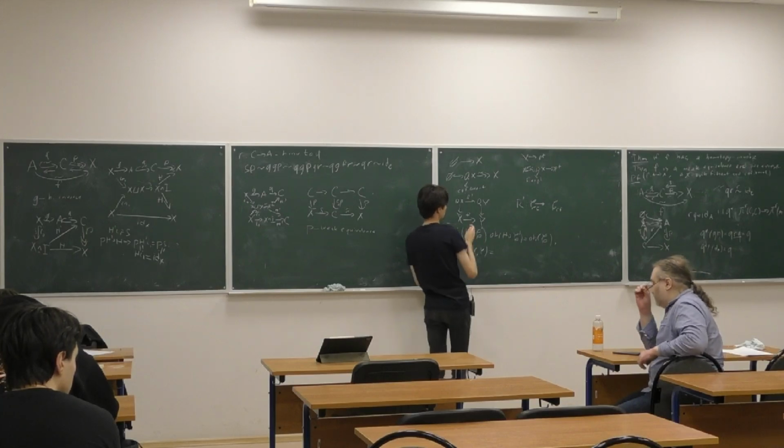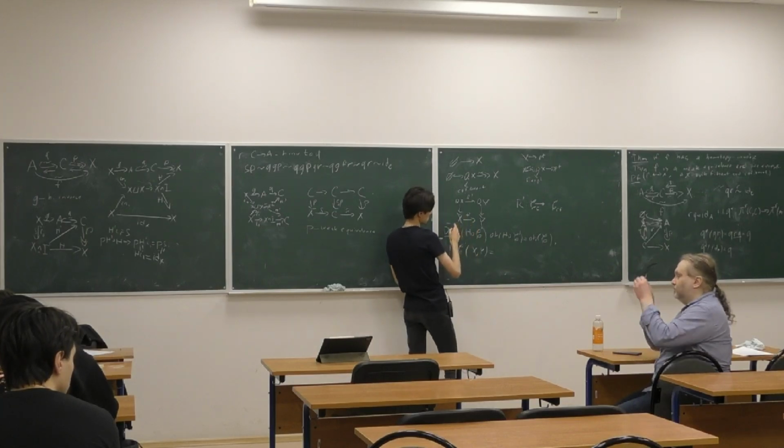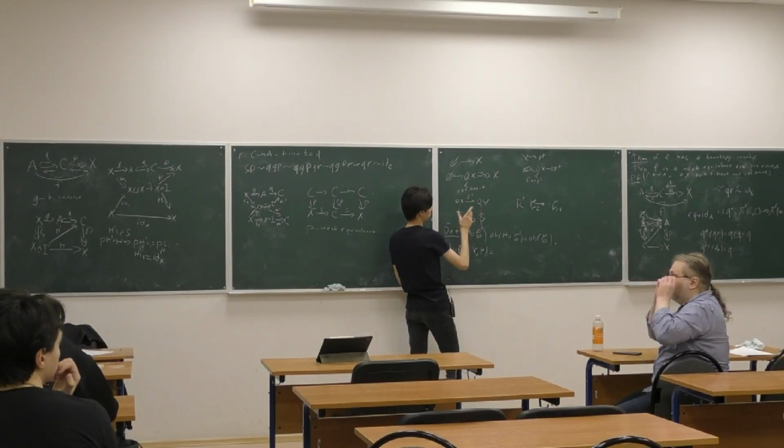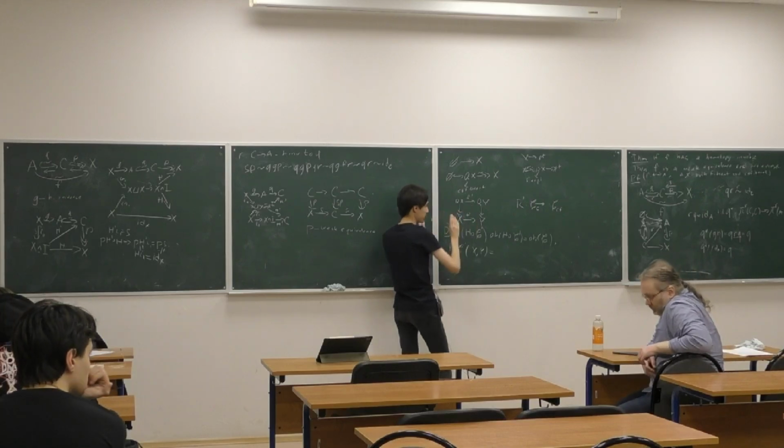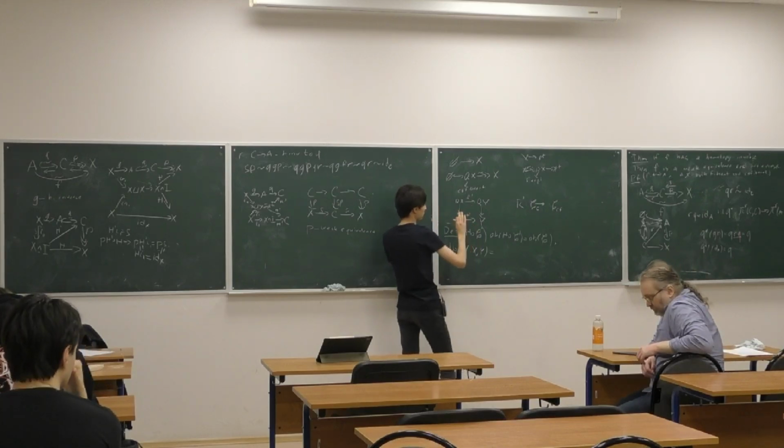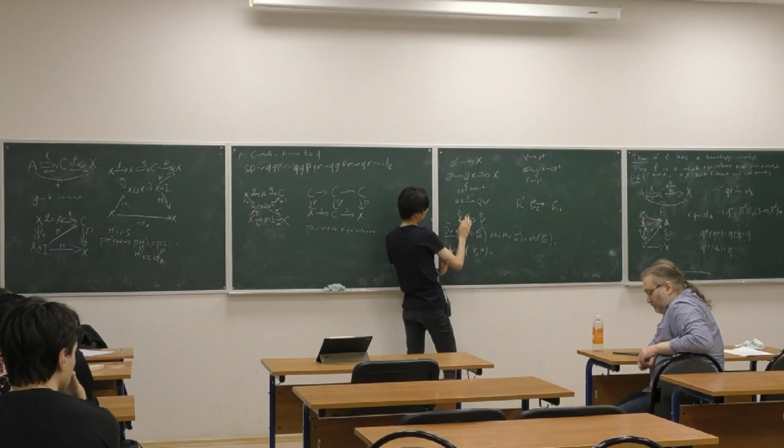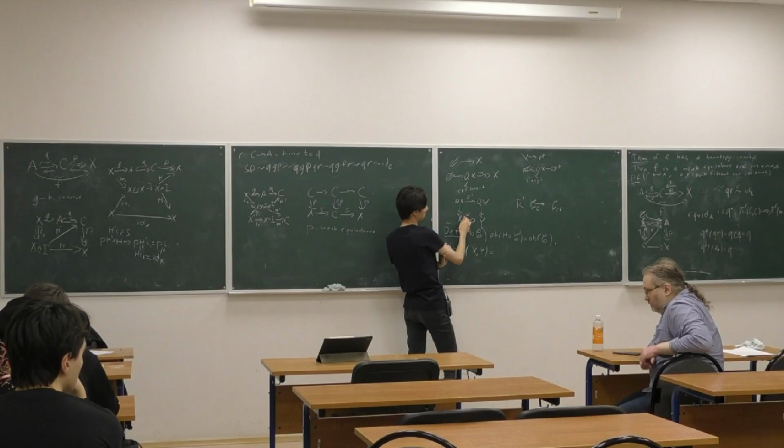For example, if both X and Y are fibrant and cofibrant, then F prime depends only on the left homotopy class of F.